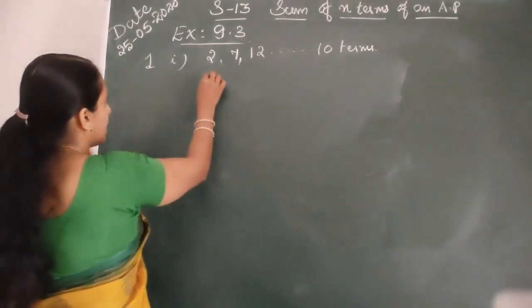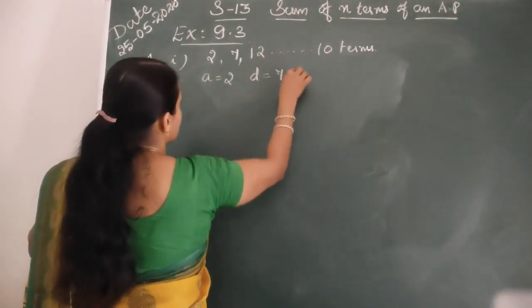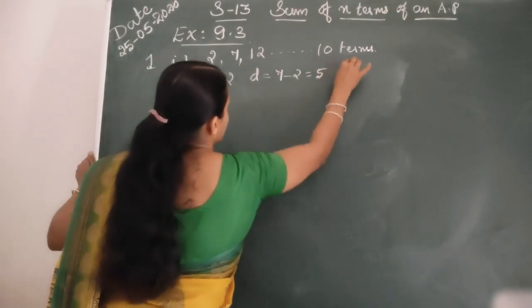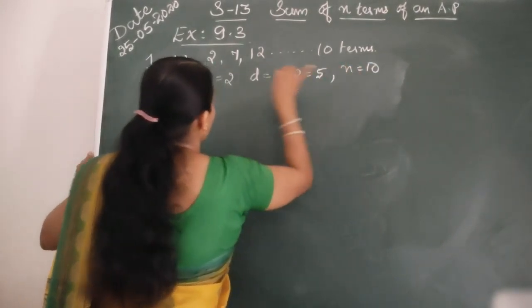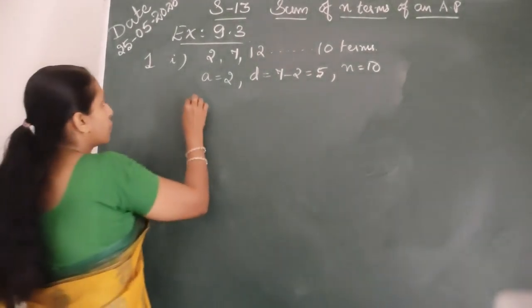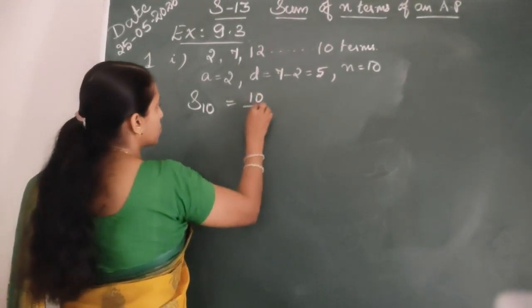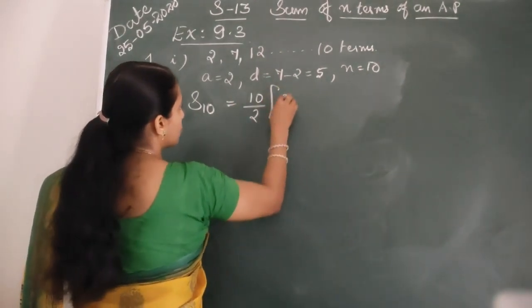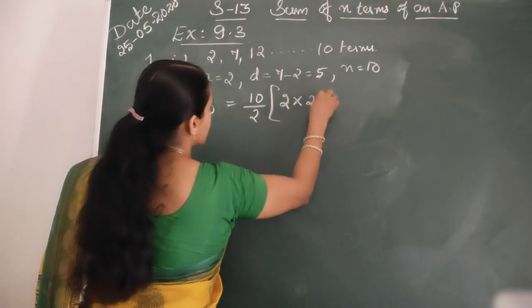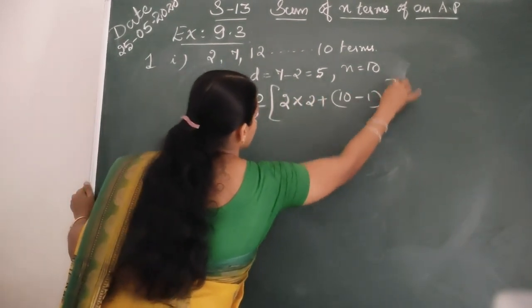So a you are getting as 2, d will be 7 minus 2, that is 5, and n equal to 10. So we got all these three terms. l is unknown. So we will go for S10 by taking 10 by 2 into 2a plus n minus 1 into d.